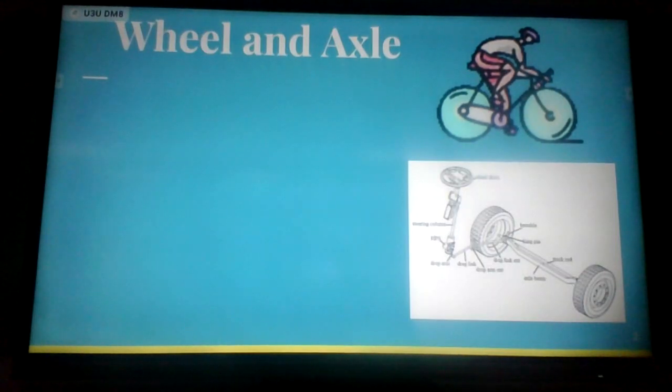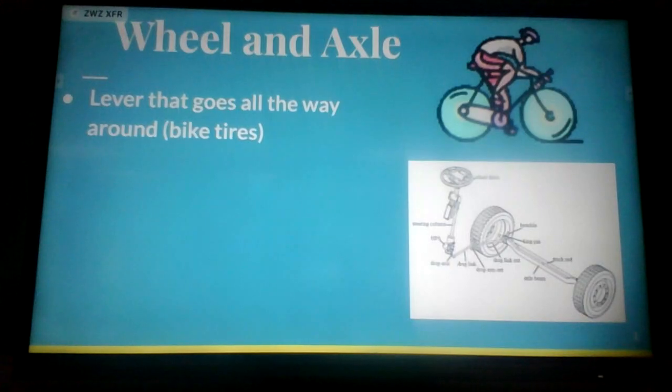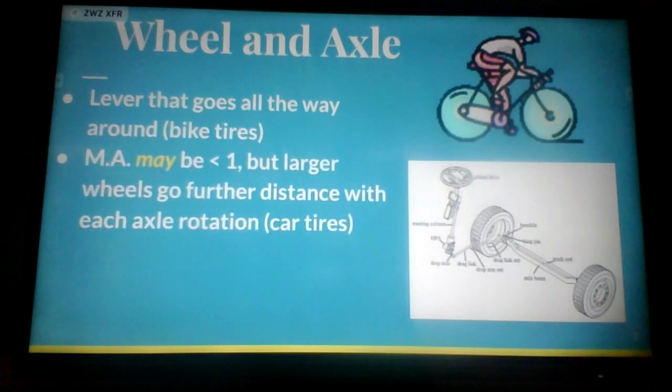In the picture, the words are a little fuzzy, but you're looking at a steering wheel for a car and the wheels attached to an axle as well. A lever that goes all the way around, such as in a tire, that's what a wheel is. And the center is the axle, the pivot point, the fulcrum, but in a wheel and axle, we call that fulcrum an axle.